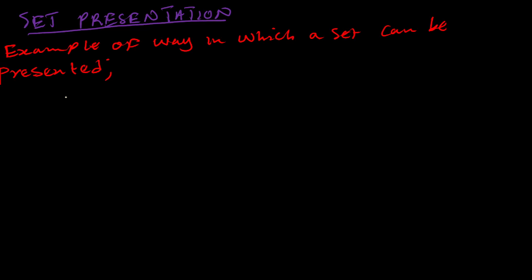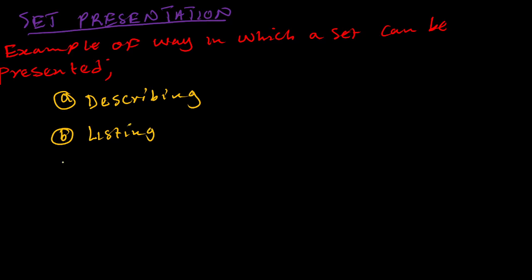The first way is describing. The second one is listing. The third one is the Venn diagram.